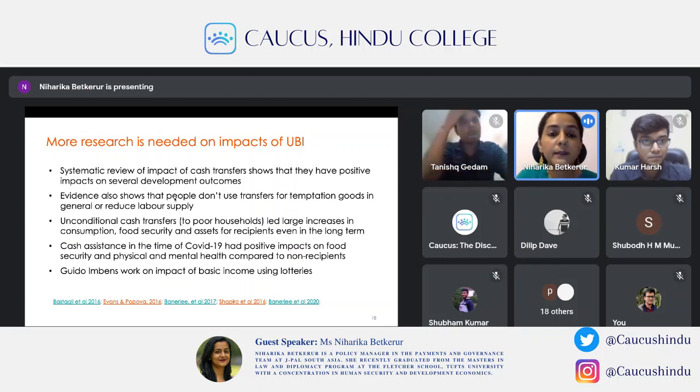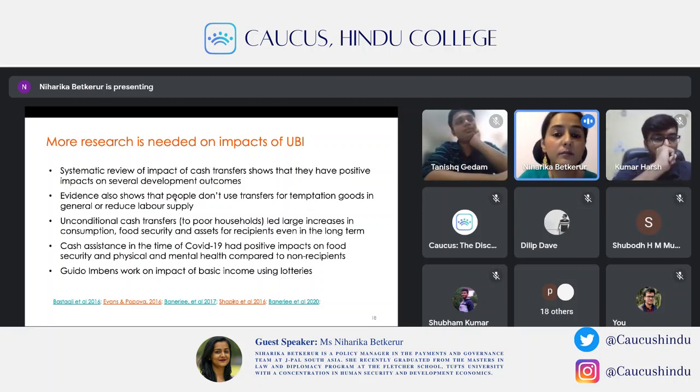But taking a step back and just looking at the evidence on cash transfers more broadly, both conditional and unconditional, it shows that cash transfers have positive impacts on several development outcomes.